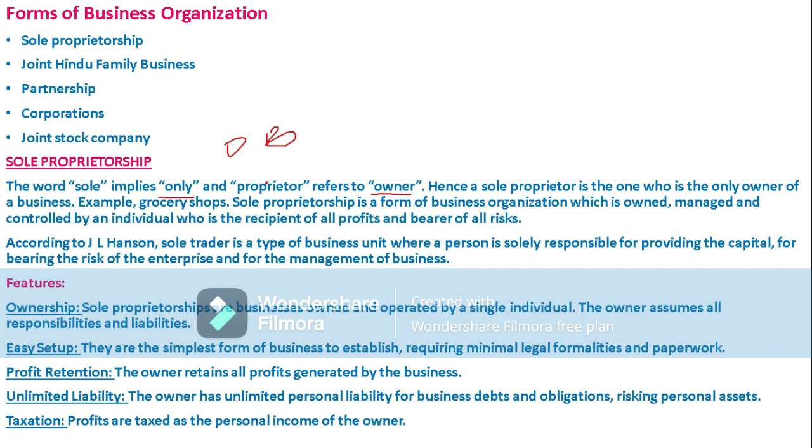But it carries a higher personal liability risk. Why? Because a single person runs the business, a single person provides the capital, a single person enjoys the profit if at all profits arise, and he is the person who is liable for the risk also. So sole proprietorships are common for those seeking full autonomy and simplicity in their business endeavors.